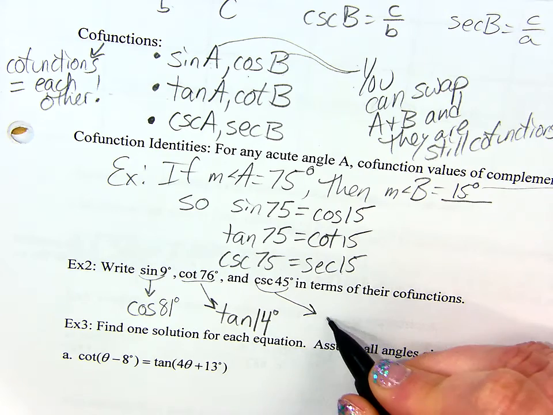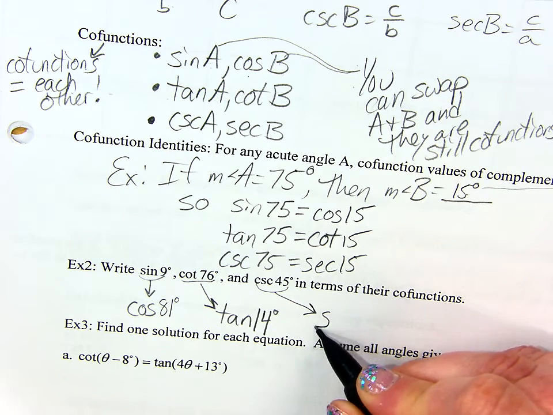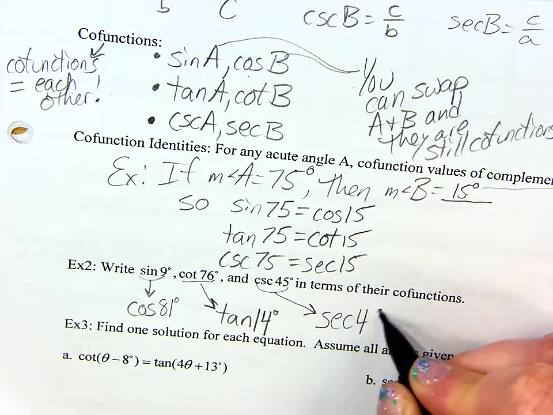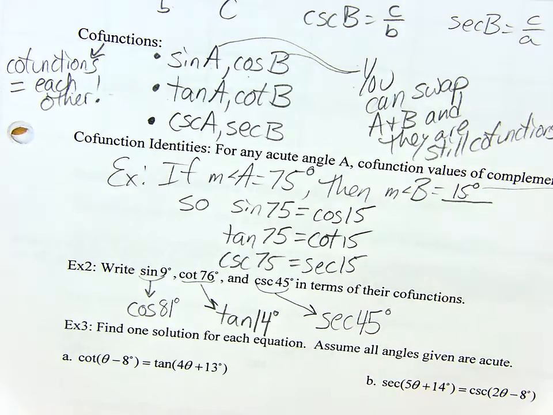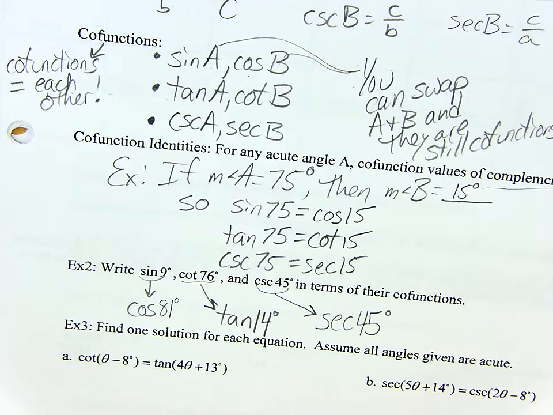Cosecant, secant of 45. Yes. Is this all right? A little weird, but once you get the hang of it, it's not so bad.